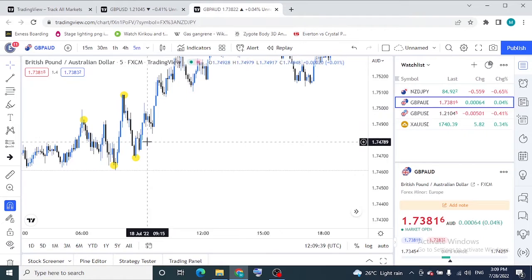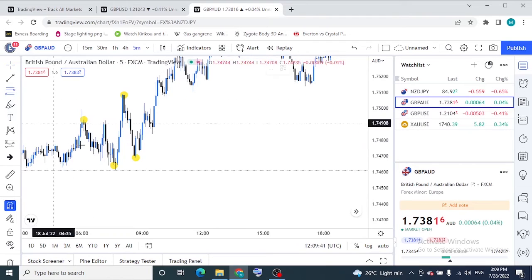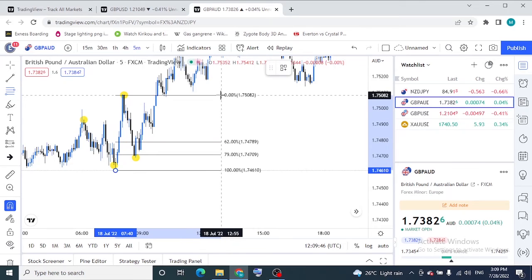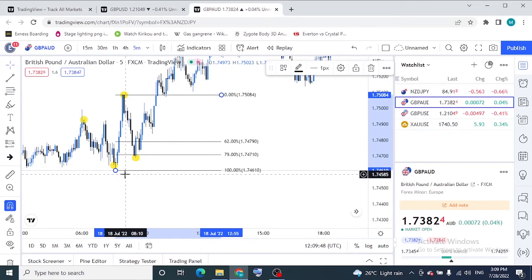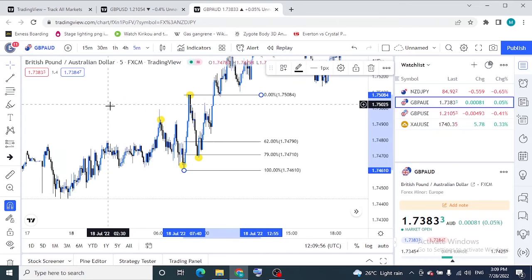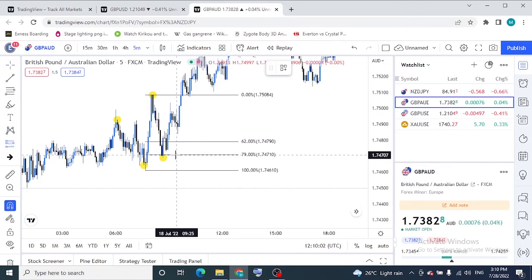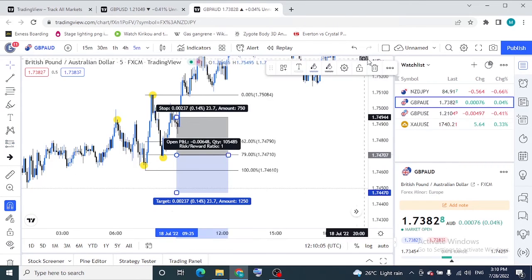Let's just use the fib to get this and see if we actually got this right. So to the highest point, so yeah, to the T, a 79. And then if you want to be very realistic in your targets, you target the most previous high. That's right here. You'd have got short.